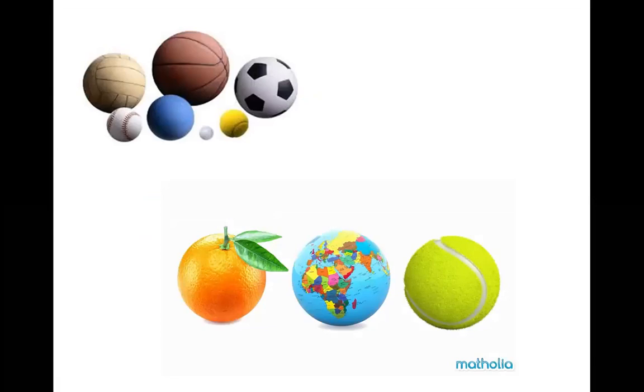So there are some examples. We can see the sphere in every way. The world map, the tennis ball, football, then many fruits. They all have a sphere shape.